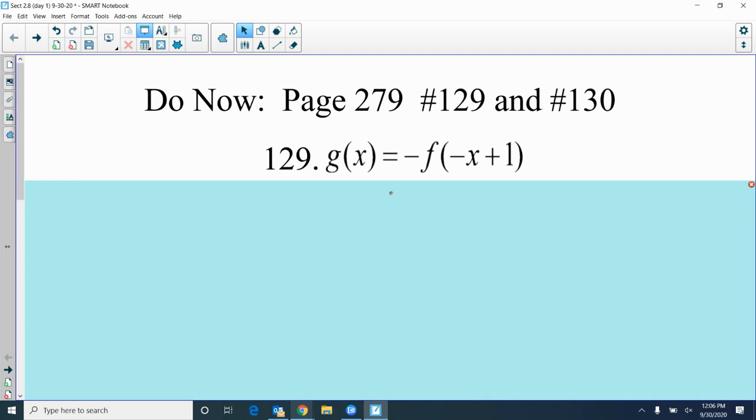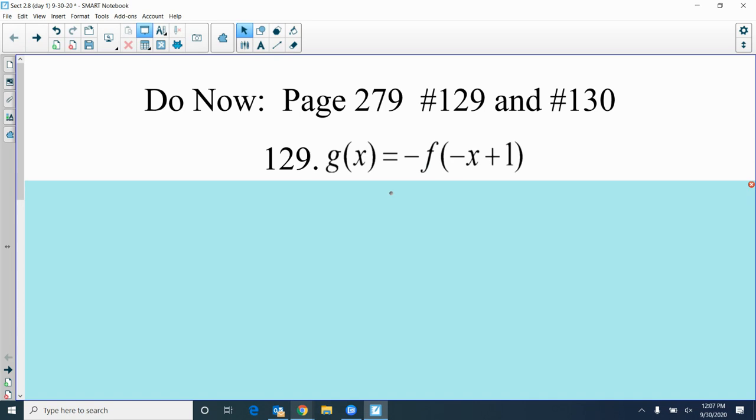So here's what you got to do. It actually doesn't shift to the right. It actually shifts to the left. And so then when we reflect it, we take care of that starting point. So it really shifts here, and then when reflected here, and then what happens when it's reflected across the y-axis?